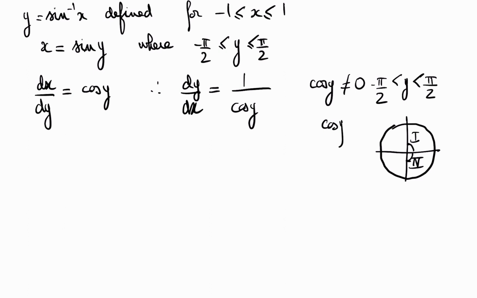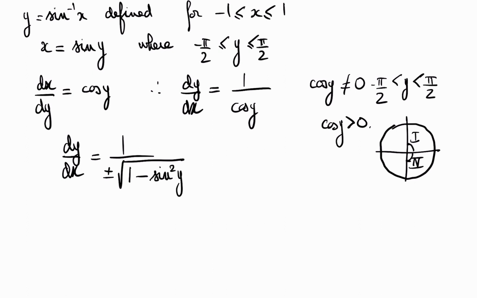That means that cosine y is positive. Okay, so we can reorganize that a little bit. dy over dx is equal to 1 over plus or minus root of 1 minus sine squared y.